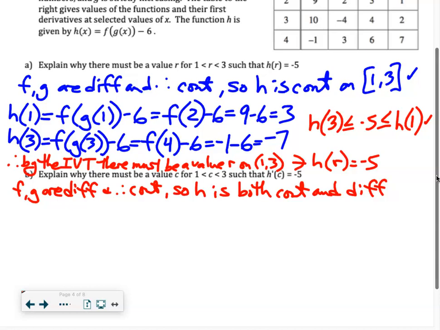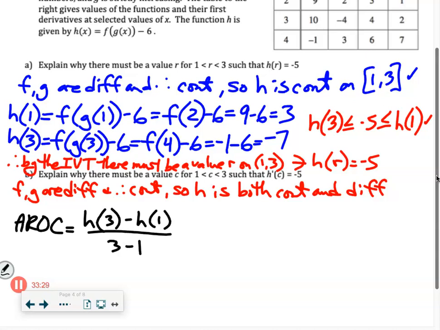So our average rate of change, that would be h from 1 to 3. H of 3 minus h of 1 over 3 minus 1. H of 3 is negative 7. H of 1 is 3. So you end up with negative 10 over 2. Or, hey, look at that, it's negative 5. Yay! Okay, so then you write your conclusion statement.